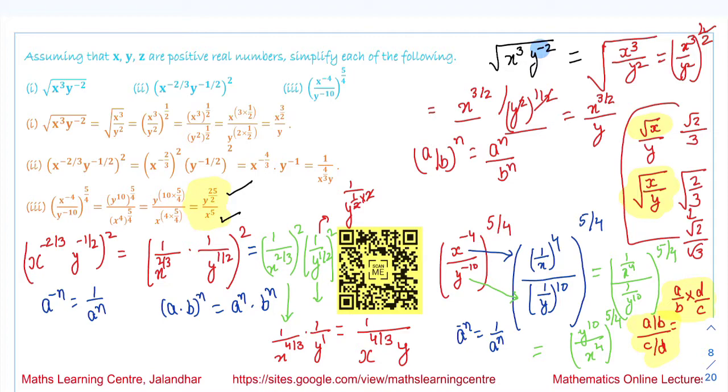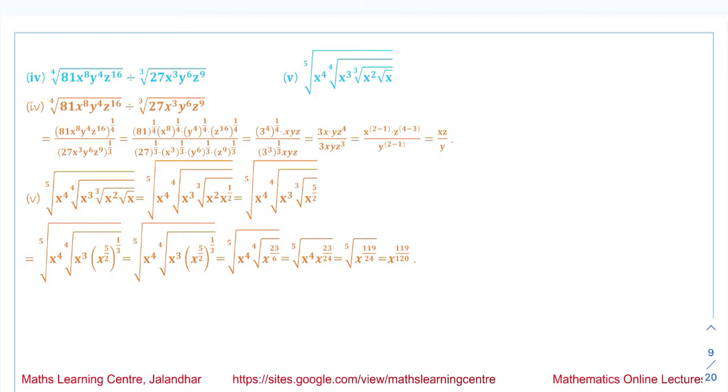Now in the fourth part we are given this term and we have to solve this. So first thing over here, it is a division sign. We know that whenever we have a divided by b, it is equal to a multiplied by 1 by b, that is equal to a by b.